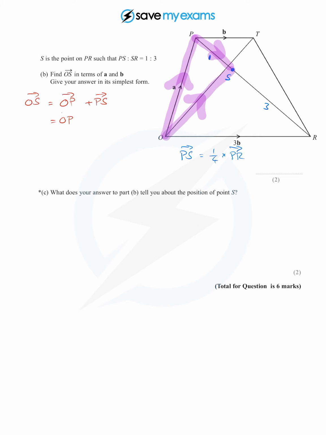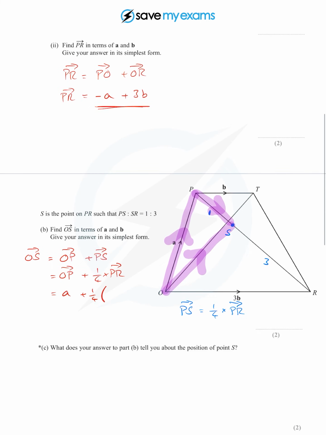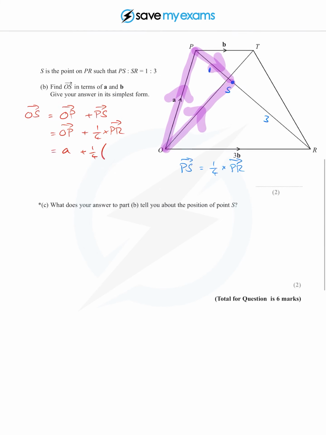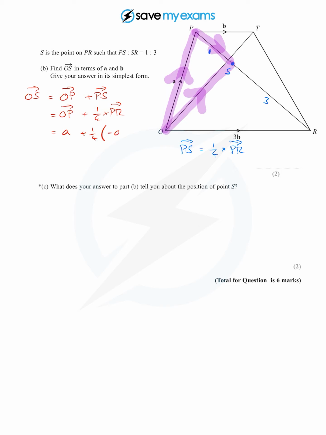Well, P to S is a quarter of PR, and that's the one we know. We'll flick up in a minute and see what it is. But O to P is A, and P to R is, well, we've just found that. Oh, there it is. It's minus A plus 3B. So minus A plus 3B.